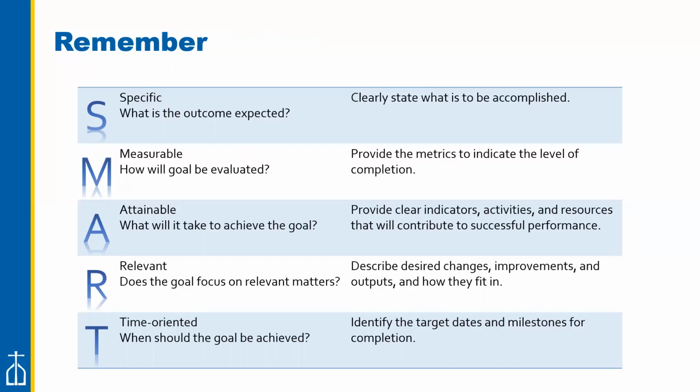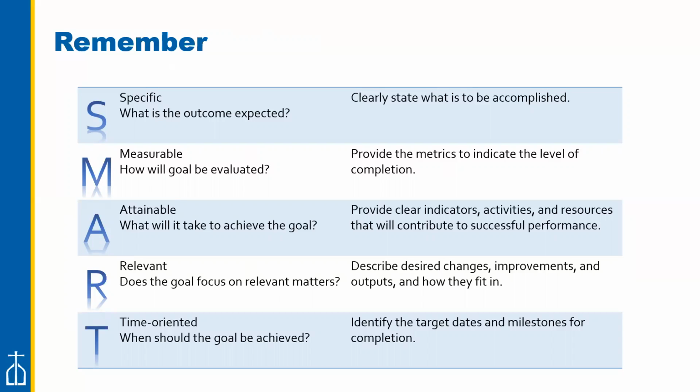Attainable. If your goal is unrealistic or unfeasible, then you will not find that your employee is inspired by that goal, and you probably won't get the results that you're looking for. R has changed from realistic to relevant, and this is a really important change, I think, because you shouldn't be asking employees to do things that are far out of the scope of what they understand their job to be.